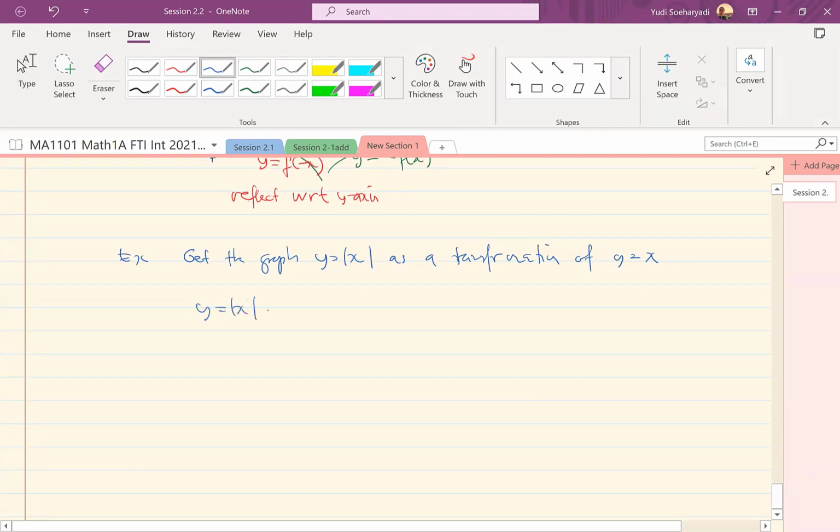So this one is x for x positive, minus x for x negative. Okay, so what it means is that for x positive, or to the right, you keep the graph. Because you put negative here, for x negative you should reflect.